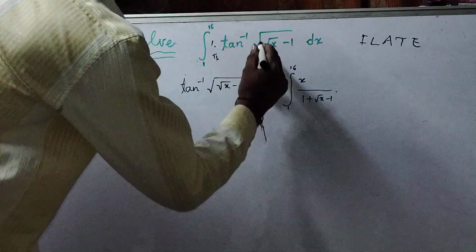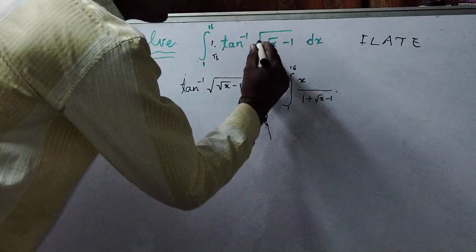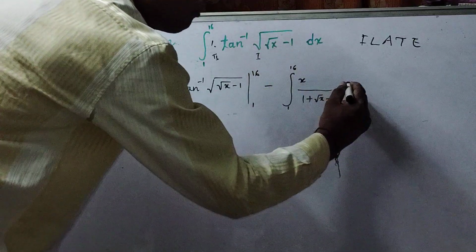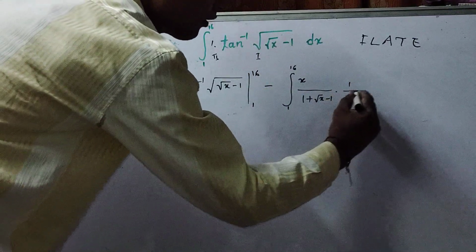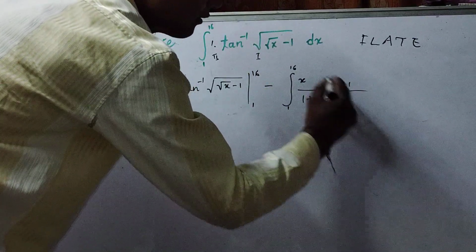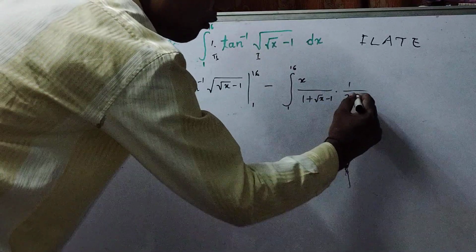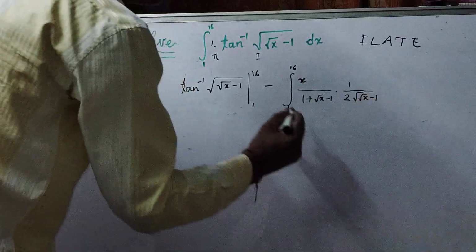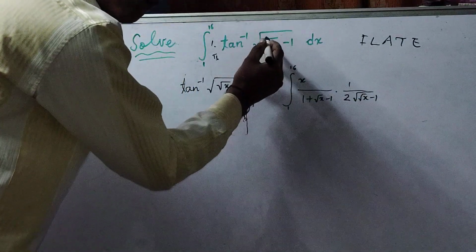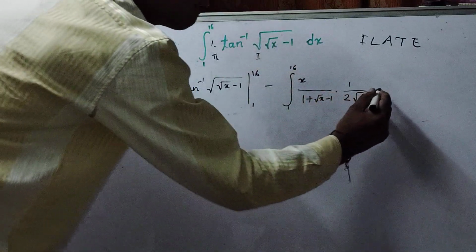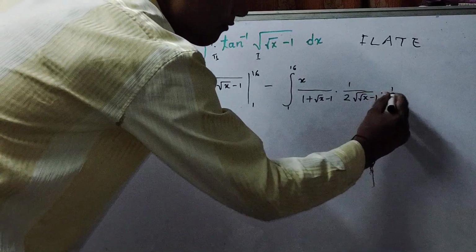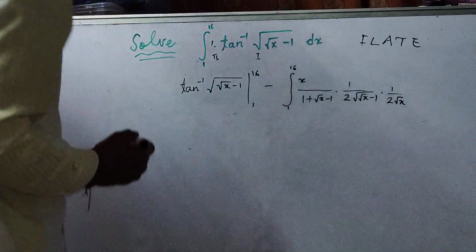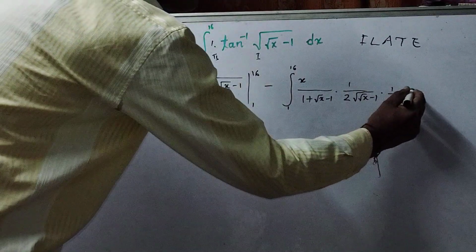Now we see there is a square root, so by the chain rule the differentiation of square root x is 1 over 2 square root x, and inside there is again square root x, so 2 square root x, and then dx.